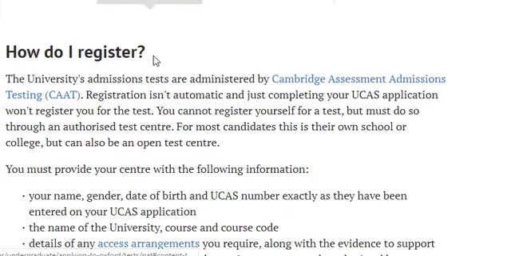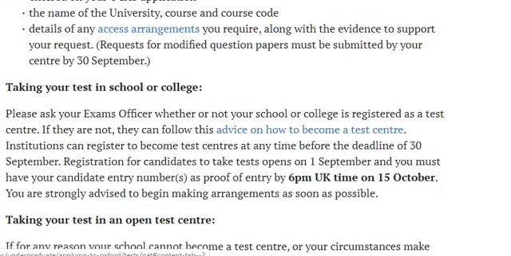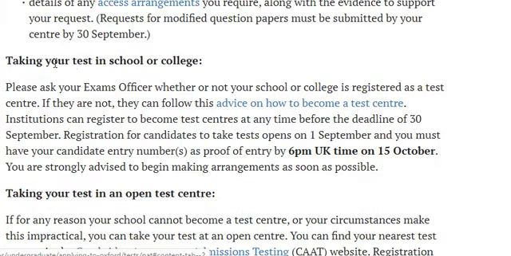Here you can find how to register. The test is administered by this, and you have to give this information, gender and UCAS membership. If you are taking your test in school or college, please ask your examining officer whether or not your school or college is registered as a test center.